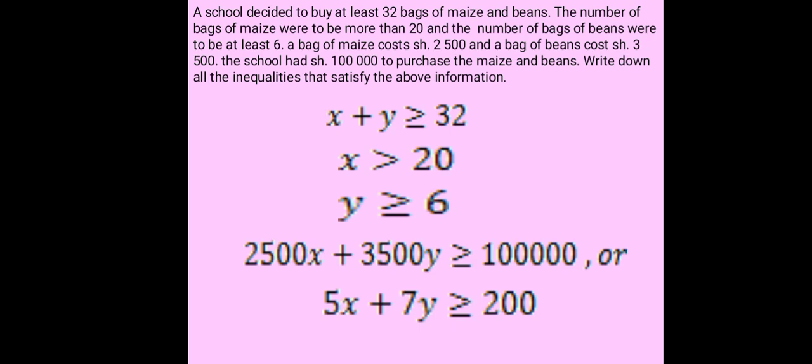So we have 2500x plus 3500y should be less or equal to 10,000, because the school cannot spend more than 10,000. It can spend less or just the 10,000. If we simplify this, it becomes 5x plus 7y is less or equal to 20.